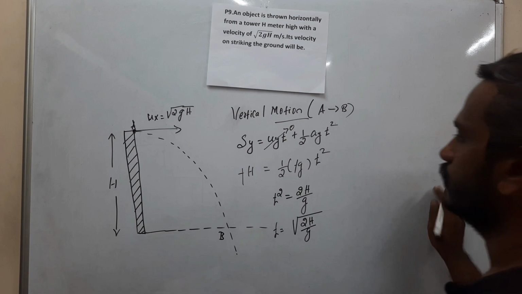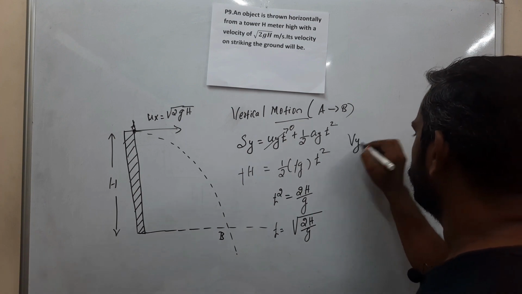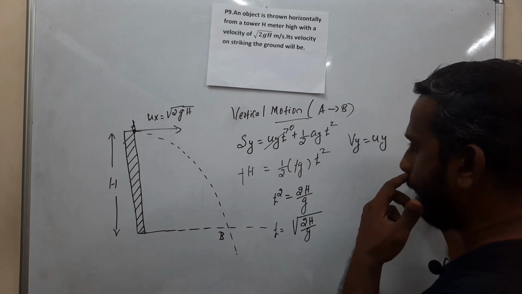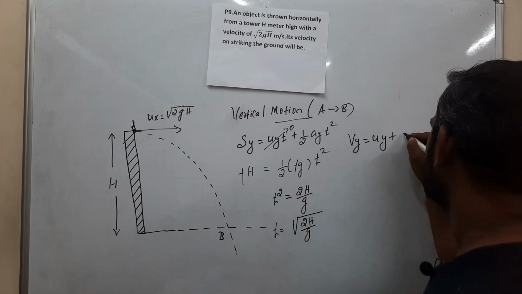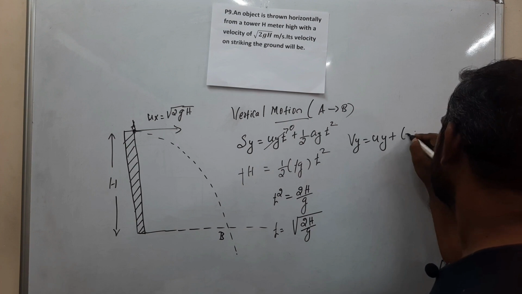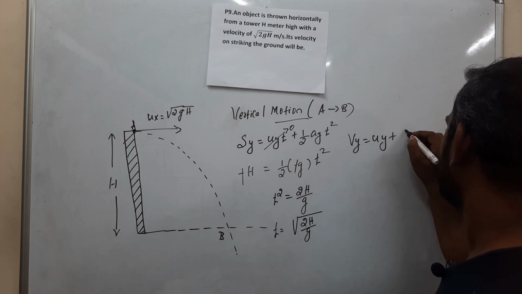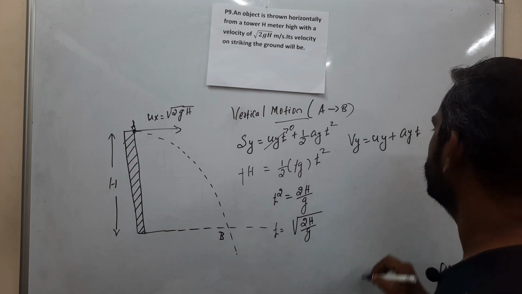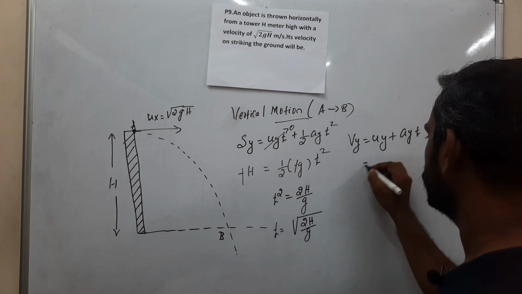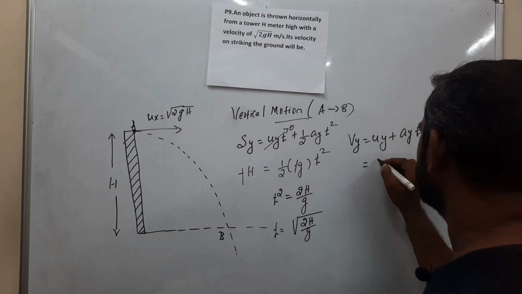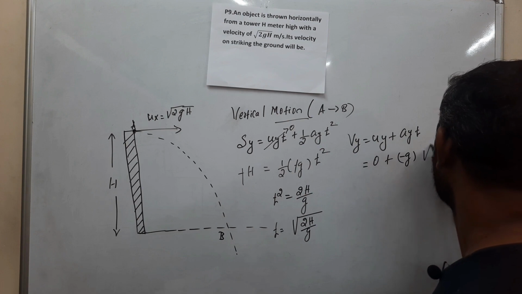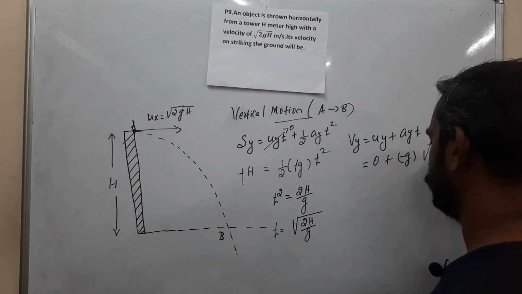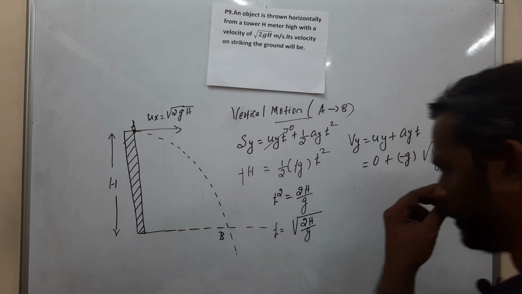So Vy is equal to uy plus ay into t. That is equal to uy, that is 0, plus ay, that is minus g, into t, that is root of 2h by g.